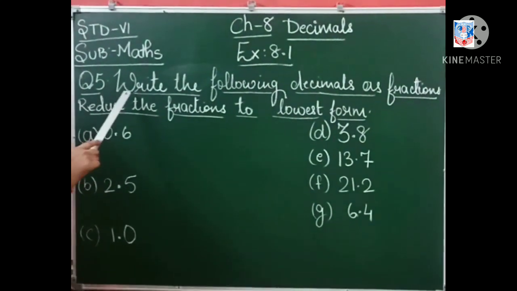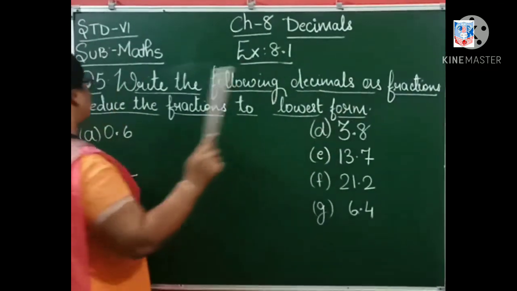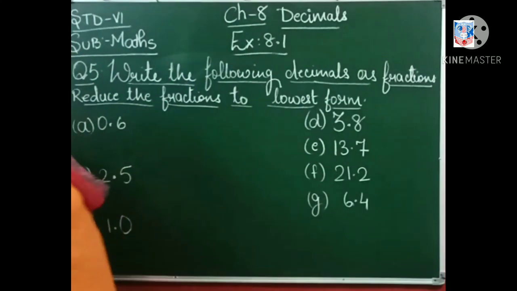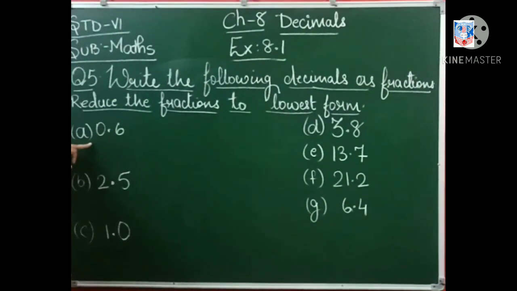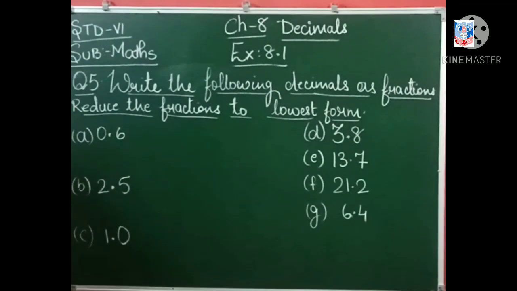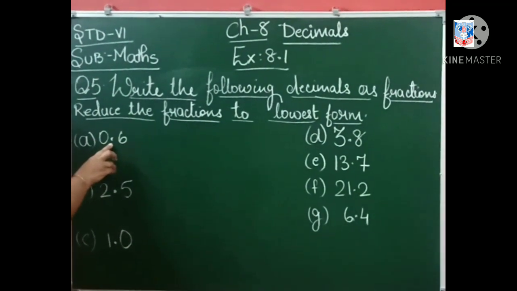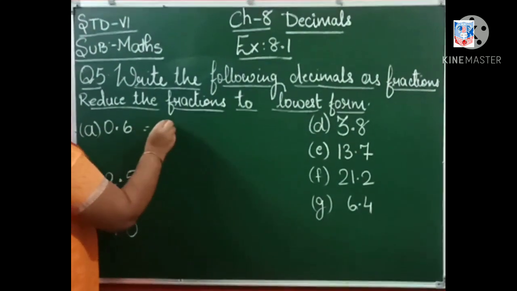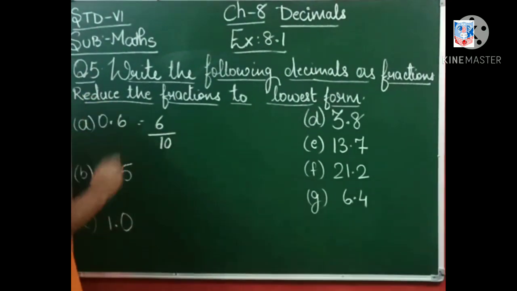Question number 5. Write the following decimals as fractions. Reduce the fractions to lowest form. Now first what we will do? We will write these decimals as fraction form. Now see, 0.6. After decimal point, 1 digits. That means 6 by 10.